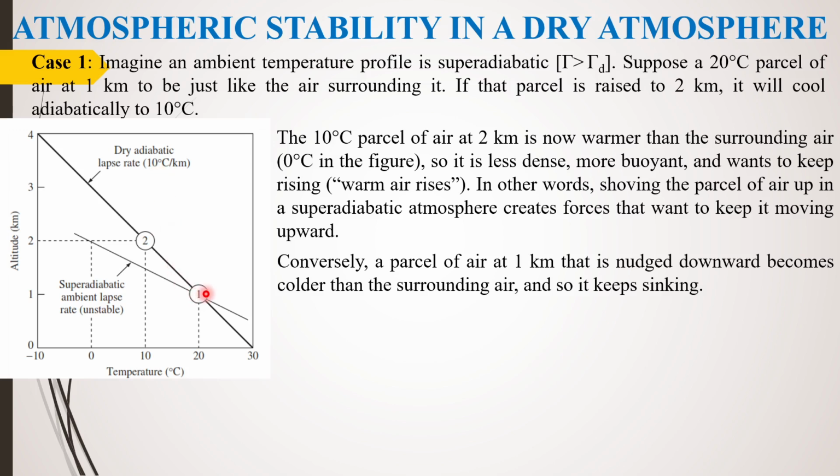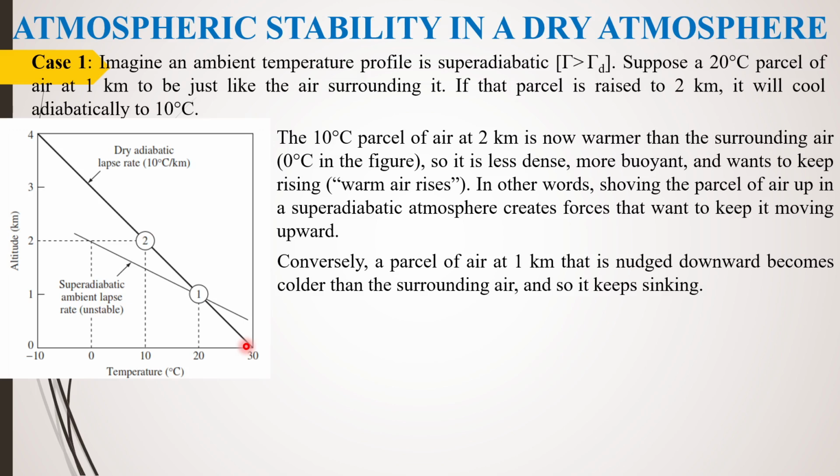So from the first position, if I nudge this air parcel downward to 0.5 kilometer, its temperature may be 25 degrees centigrade here, but the ambient temperature will be 28 or 29, something like that.